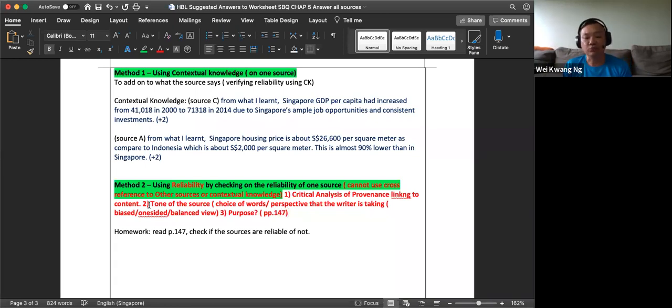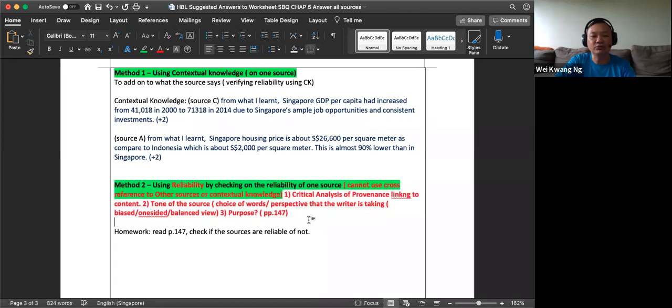So what do I want you to do? Now, I want you to practice using method number 2. Because you have not learned about the content, it's not fair for you to do this, but this is some example. What I want you to do is to use the easier way, which is to talk about reliability. So I want you to read up on page 147, where I taught you how to go about doing reliability.